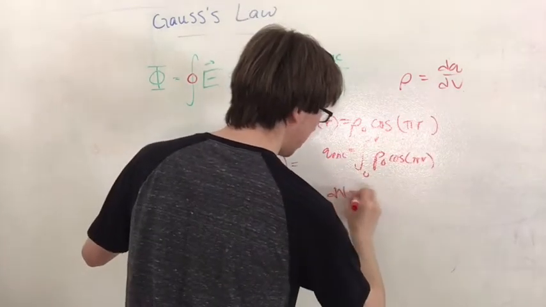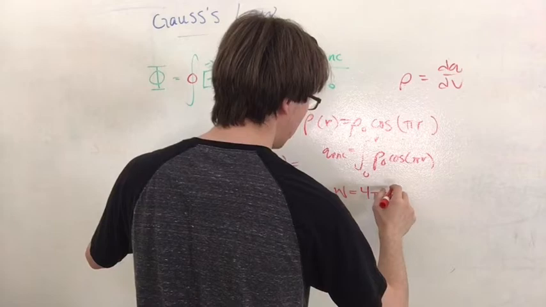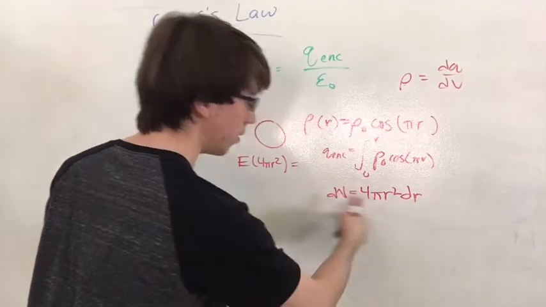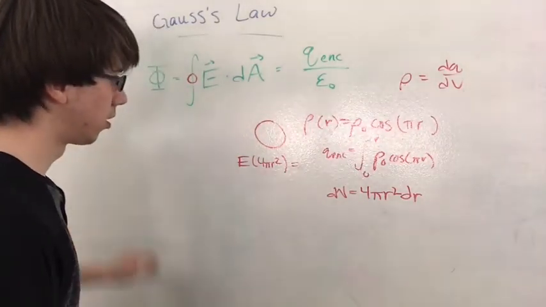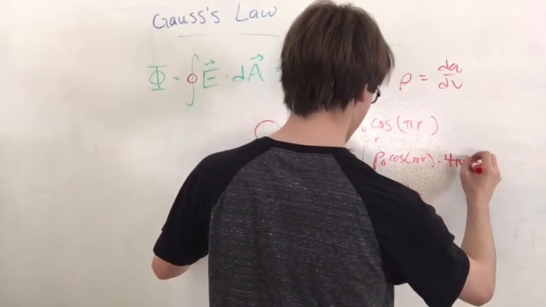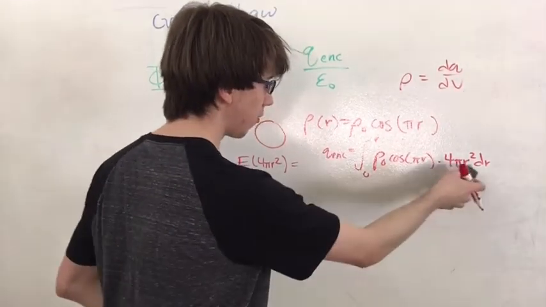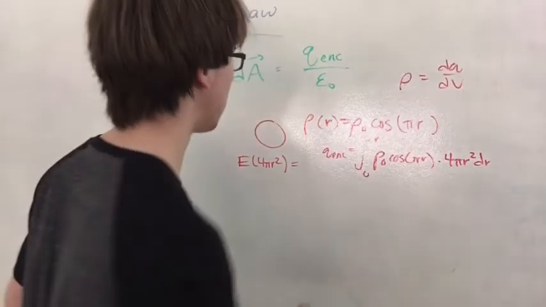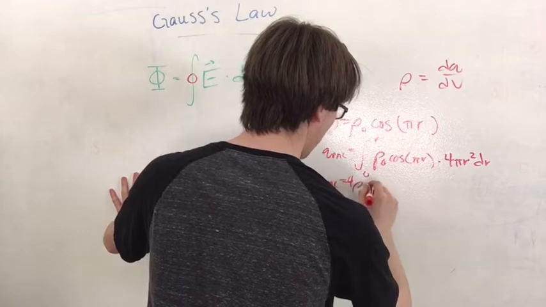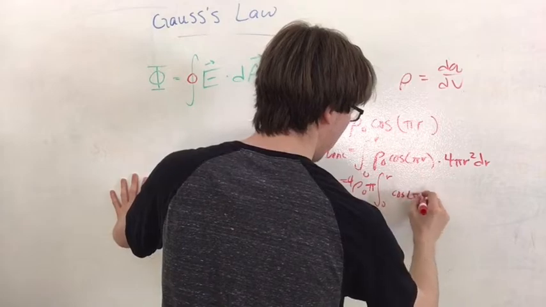But dv is also equal to 4 pi r squared dr. Now we multiply those, and we have it in terms of r. We can take out 4 pi and rho naught, because rho naught is a constant. So Q enclosed is equal to 4 rho naught pi times the integral from 0 to r of cosine pi r dr.